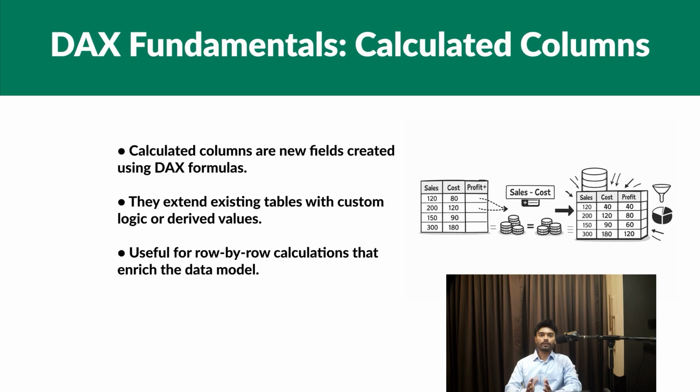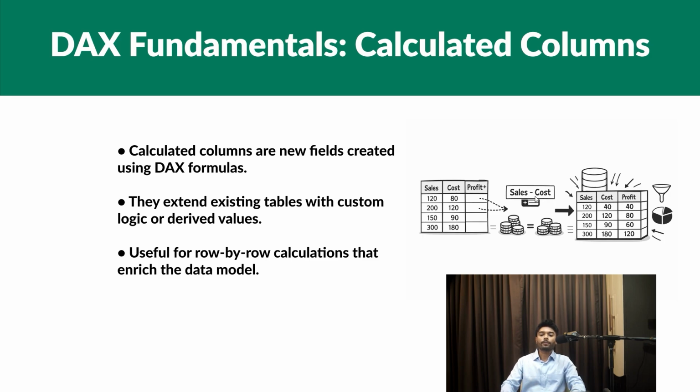A calculated column is like adding a new field to a table, where each row gets its own value based on a DAX formula like this. It works row by row, such as creating a profit column by subtracting cost from sales.